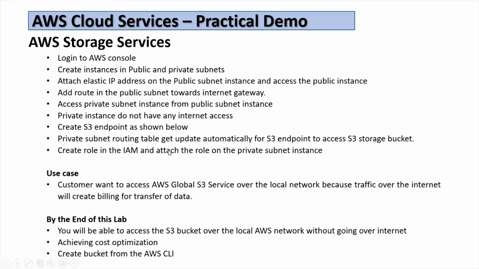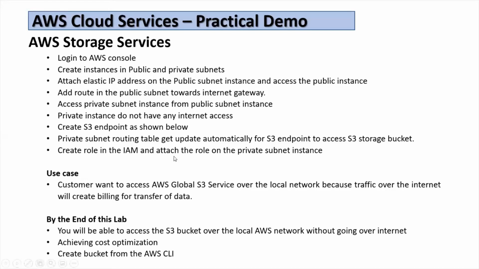A use case can also be that the customer wants to access the AWS global S3 service over the local network, because we do not want to incur extra billing for transfer of data. This is another way of optimizing the cost in AWS infrastructure.